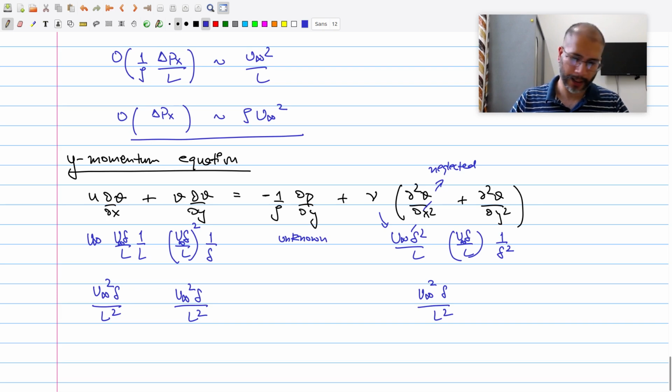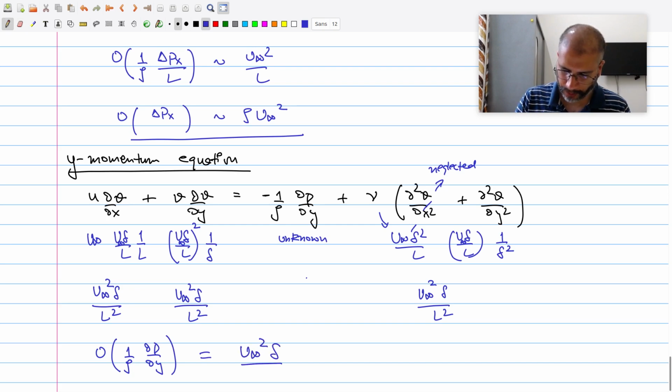Okay, so by the same idea, the order of this pressure term also has to be equal. The order of 1 by rho del p by del y has to be equal to u infinity squared delta upon L squared. All right.